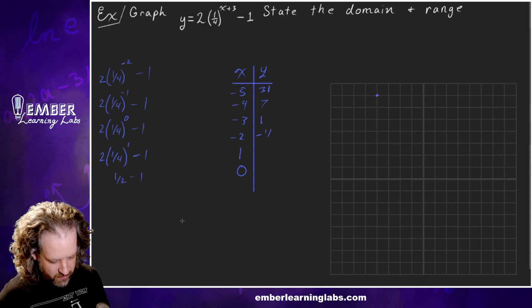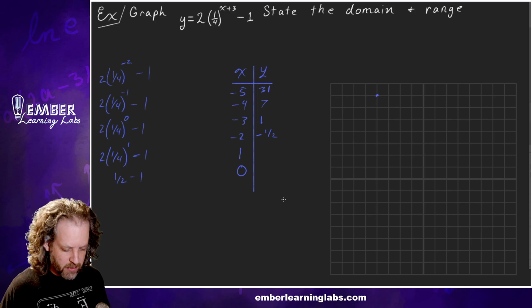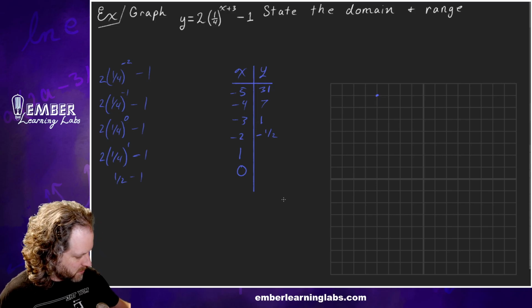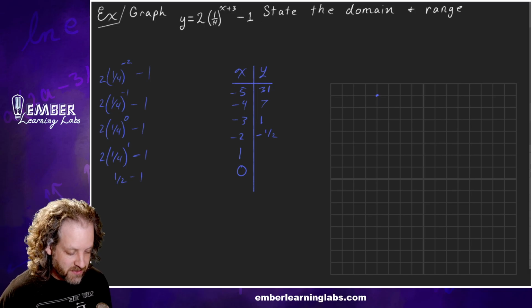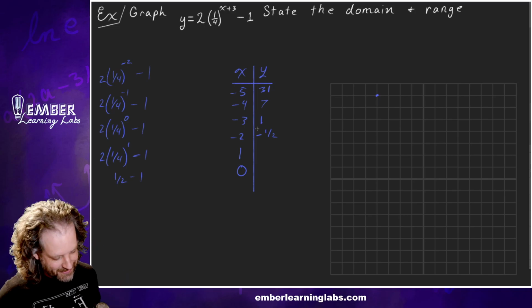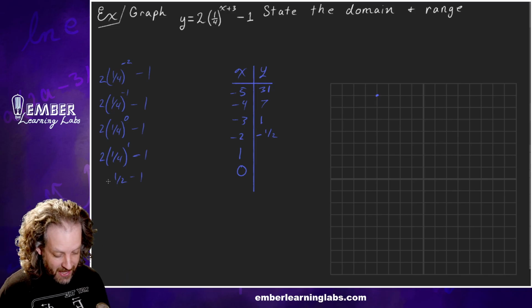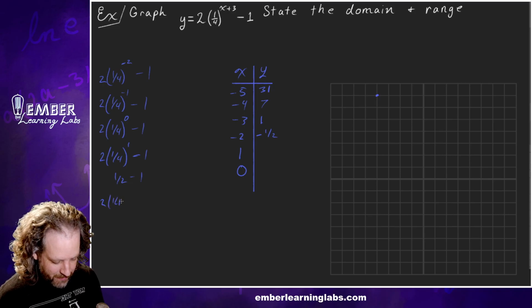That doesn't seem right. Time out. What did I do wrong? Oh, nothing. Didn't do anything. This is vertically shifted down 1. We're doing great. It's going to be okay.